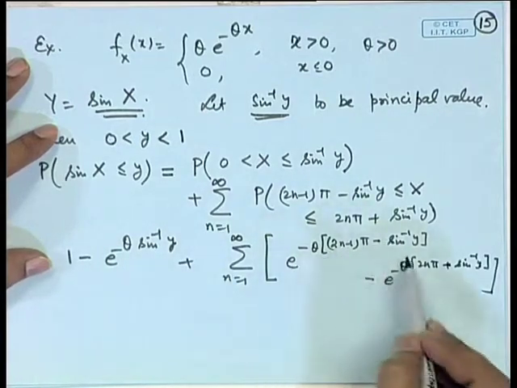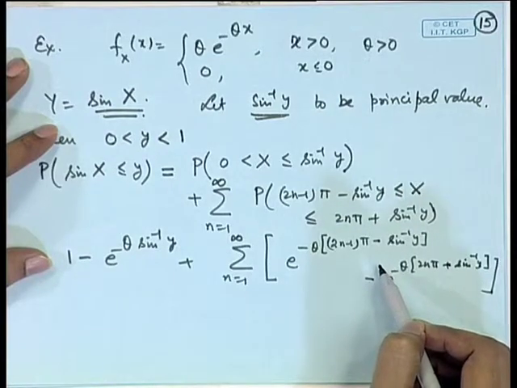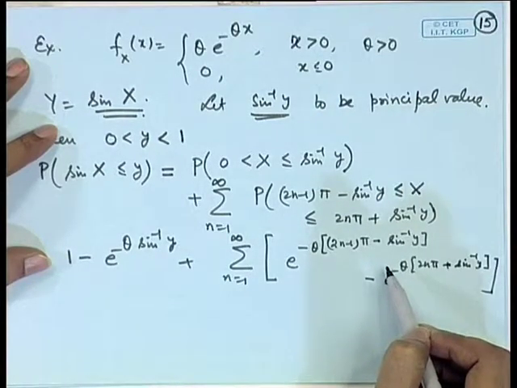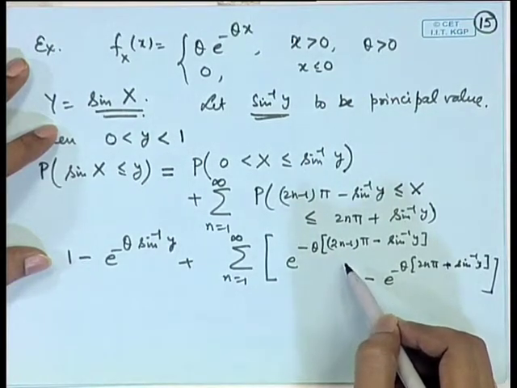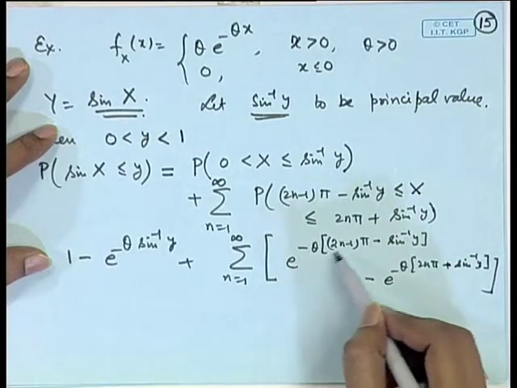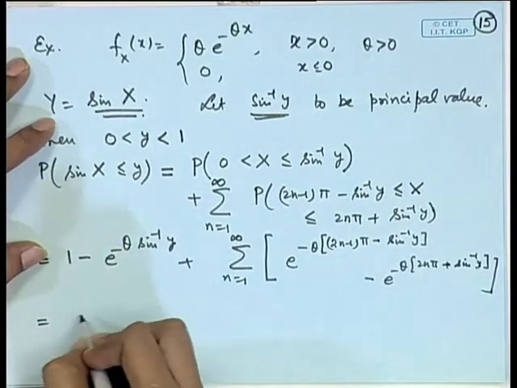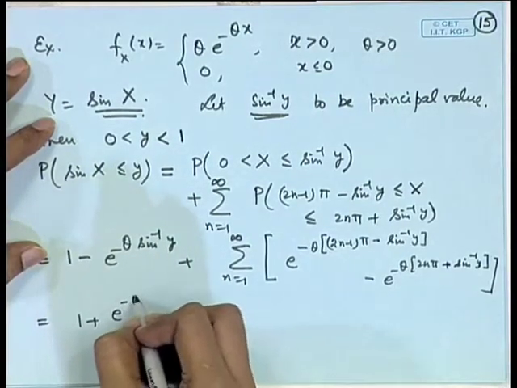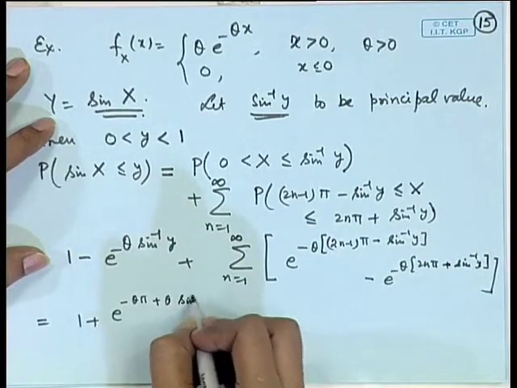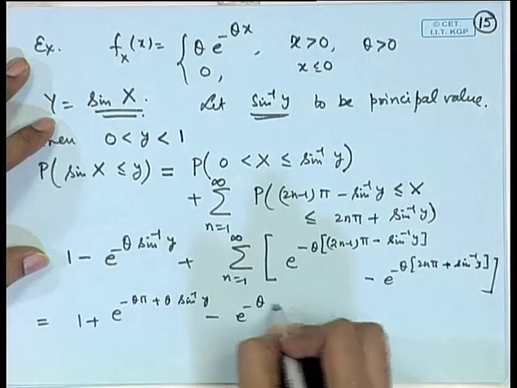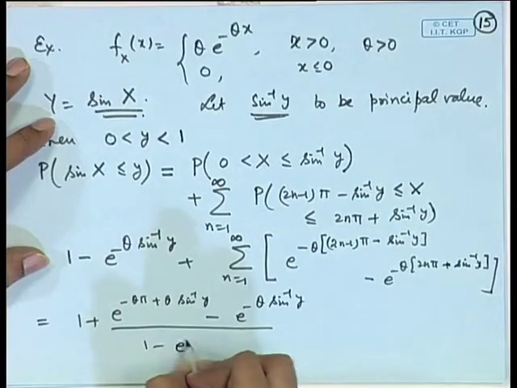If we look at this series here, the e to the power sin inverse y terms can be separated out, and the remaining terms become geometric sums, and an infinite geometric series can be added. So, this is simplified to 1 plus e to the power minus theta pi plus theta sin inverse y minus e to the power minus theta sin inverse y divided by 1 minus e to the power minus 2 pi theta.